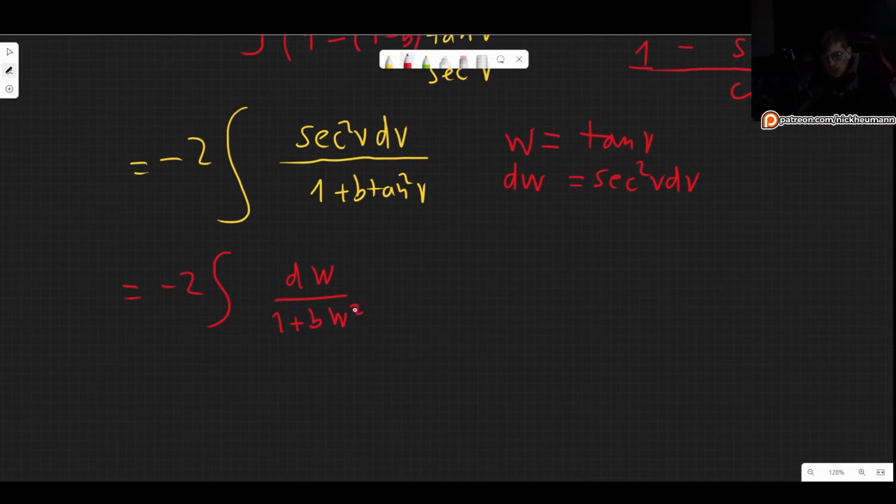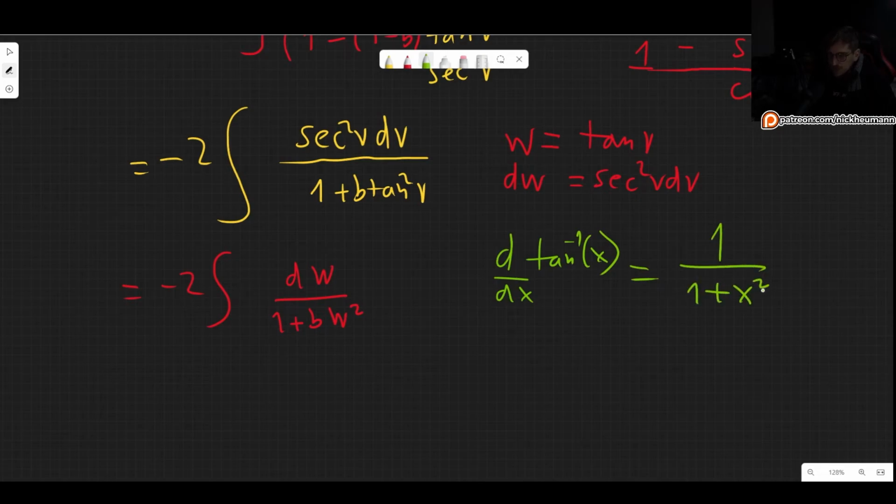This is almost like what we expect to see in the derivative of the arctangent. Because remember that if you take, I don't know, d/dx of the inverse tangent x, or arctangent, you get 1 over 1 plus x squared, right? And why is this so important?